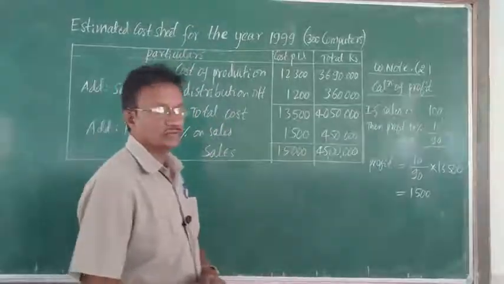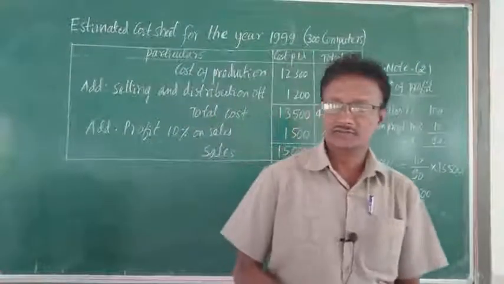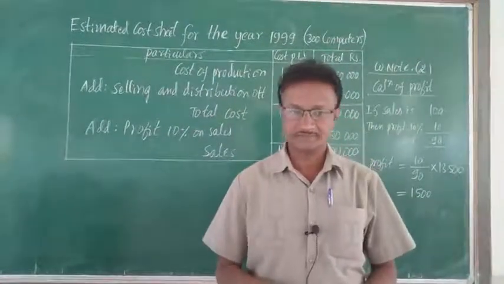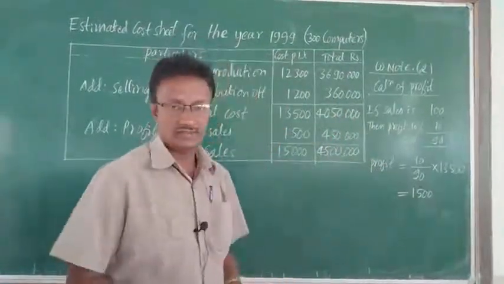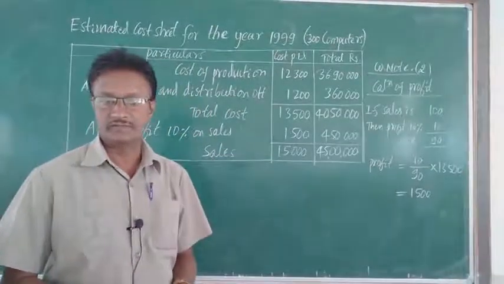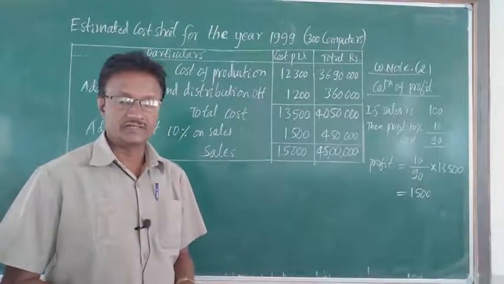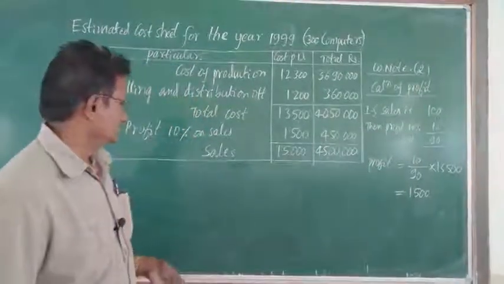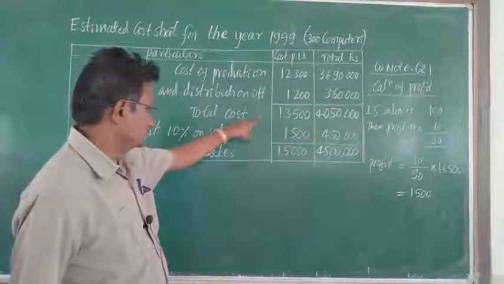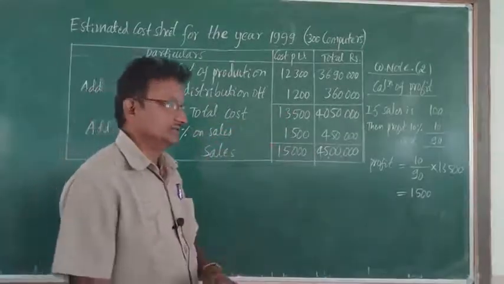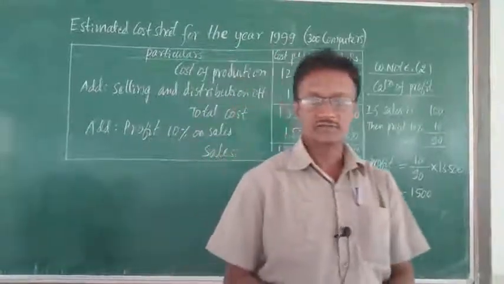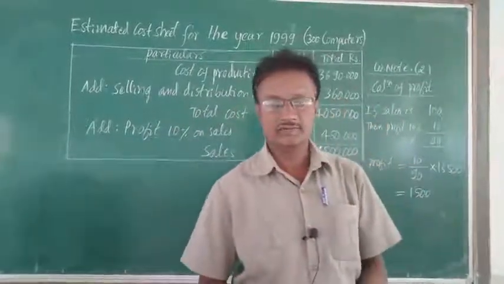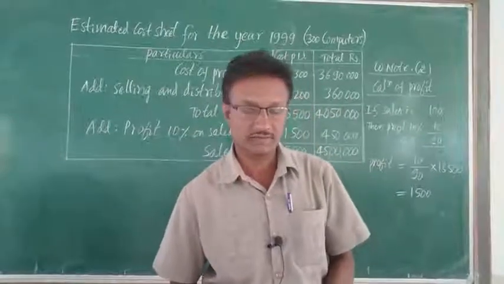Next we have to add profit to get the sales price. The information regarding profit is that the profit is 10% on sales, but here we know the cost but we do not know the sales. So again we have to make one working note for ascertaining the profit.